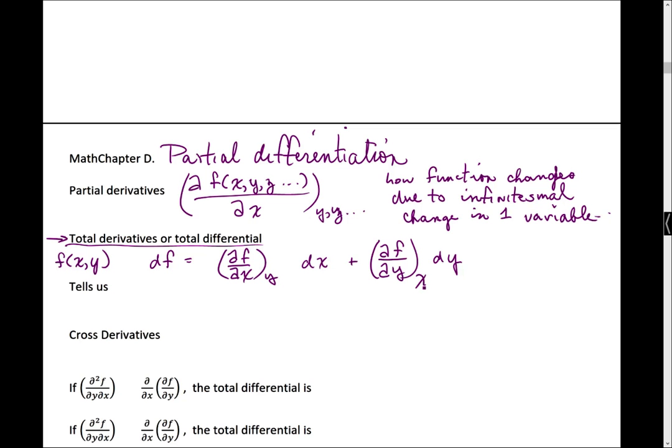And of course, looking further down the road, in order to get a delta f, I'm going to have to integrate both sides. And then word-wise, this basically tells us how a function responds to small changes, because that's easier to say than infinitesimal, in multiple variables.